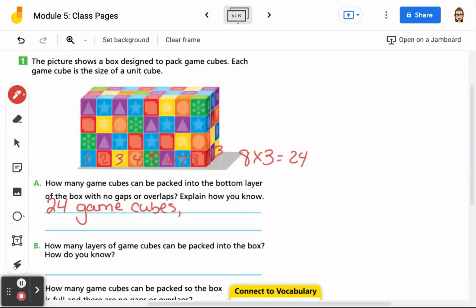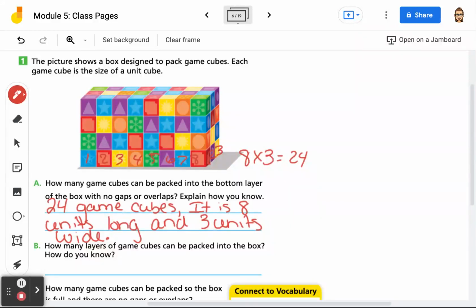So it is 8 units long and 3 units wide. And then it asks how many layers of game cubes can be packed into the box.